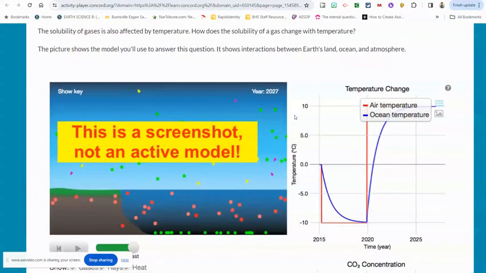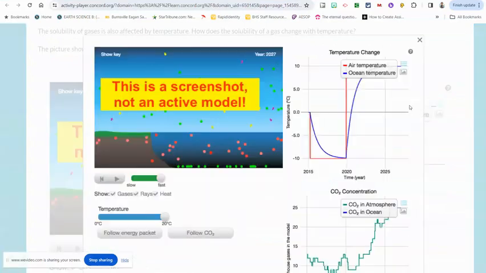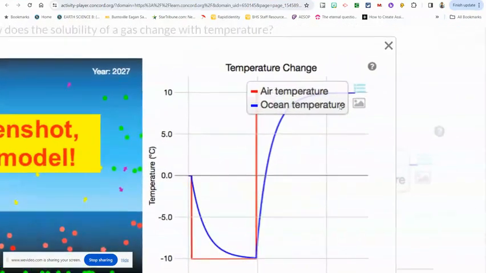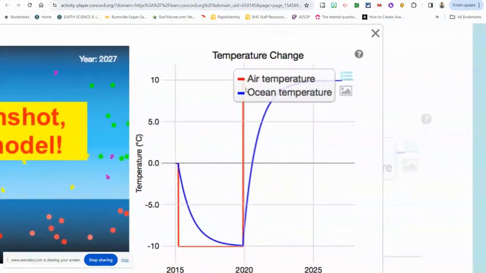This is a picture that shows a model. It's not a working model. It will show you the interaction between Earth's land, ocean, and temperature. So let's zoom in on this graph. This shows the air temperature change and the ocean temperature change. So the red line, the air temperature drops, and there's a little bit of a delay in the ocean cooling off or heating up.